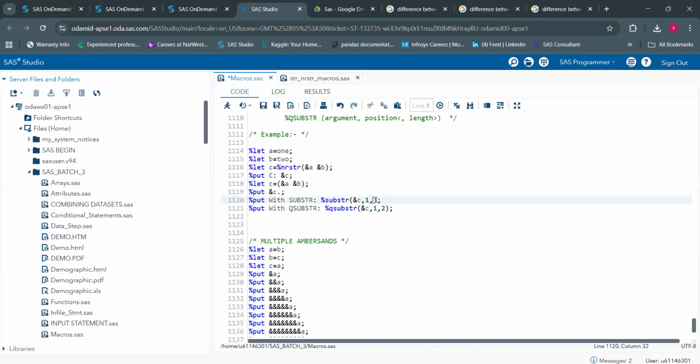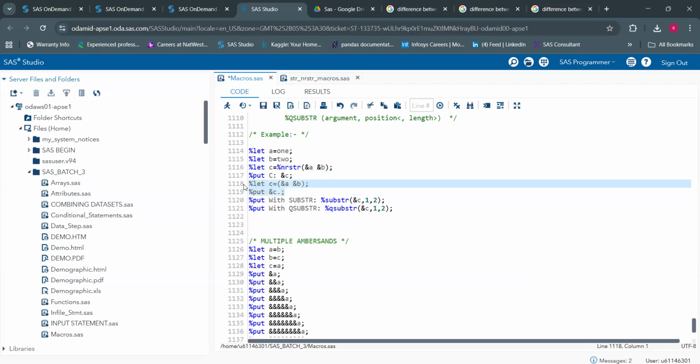So what is 1 comma 2 in C, ma'am? In ampersand C, what is 1 comma 2?